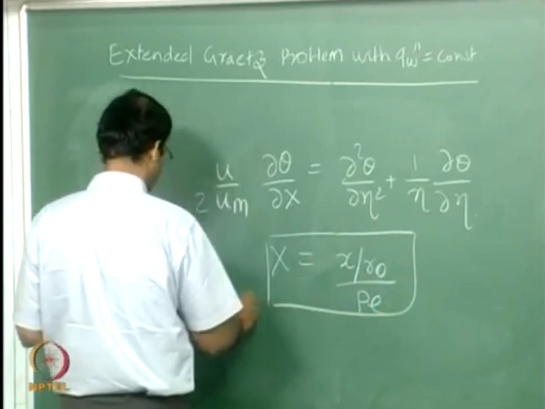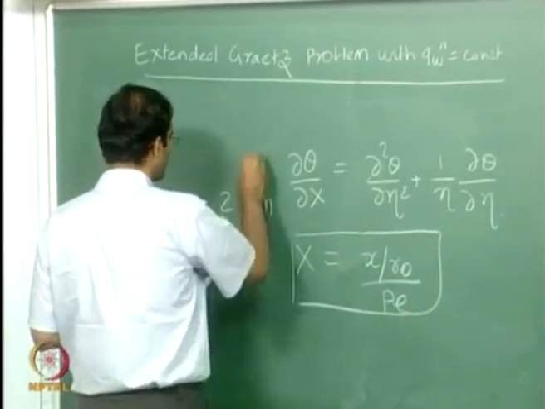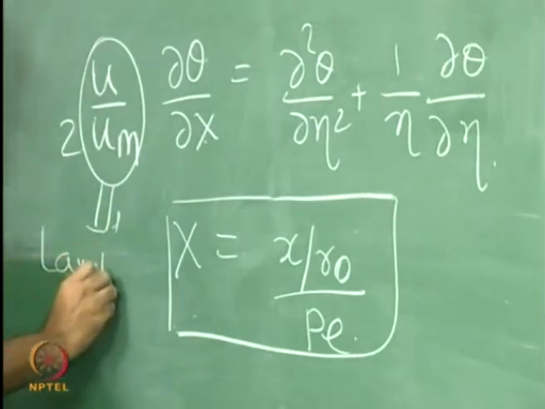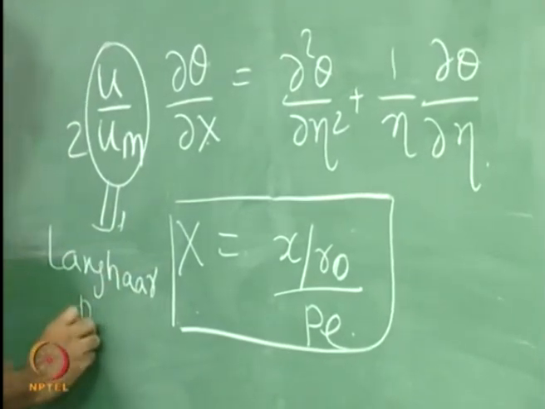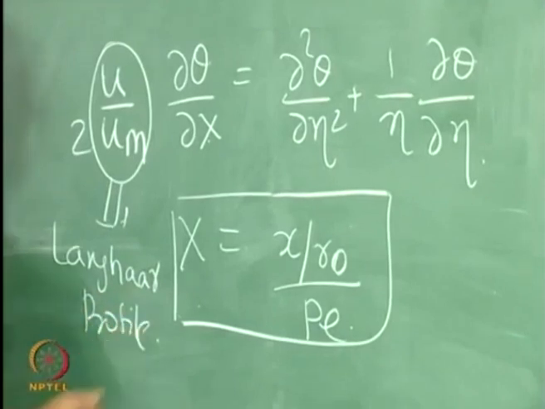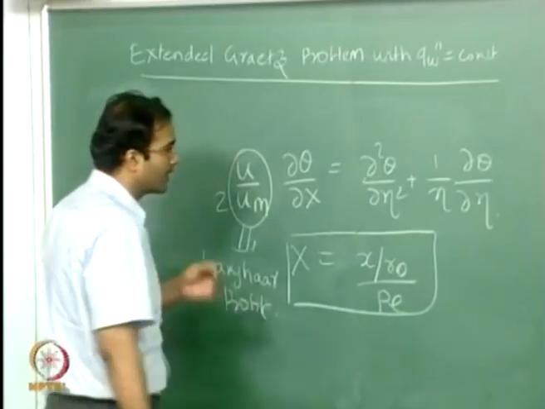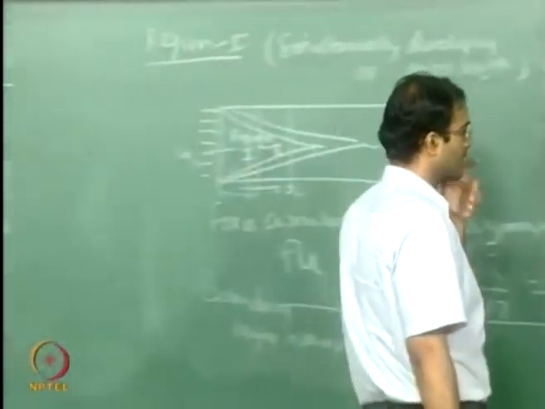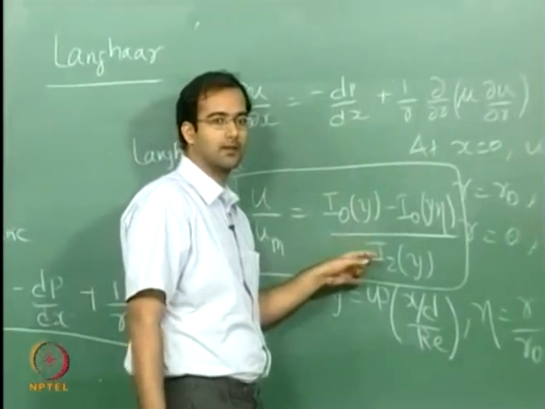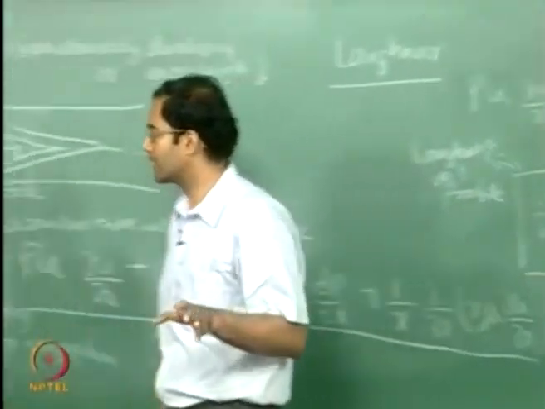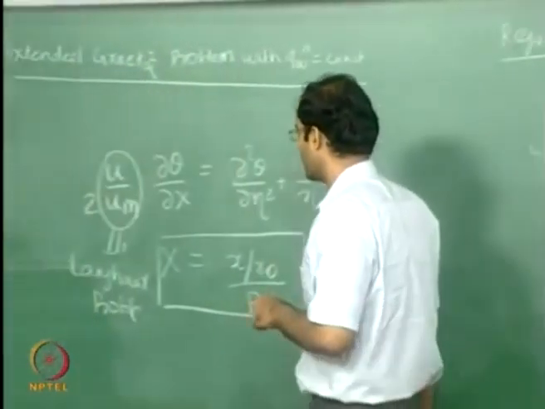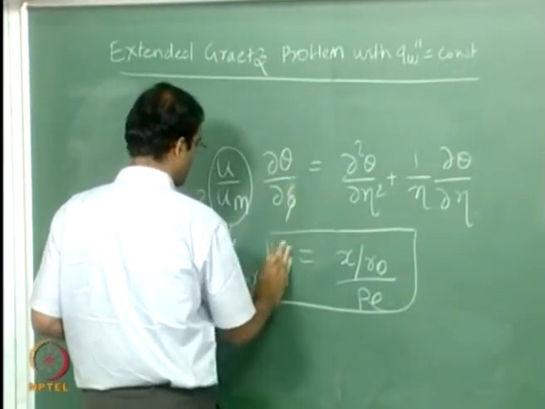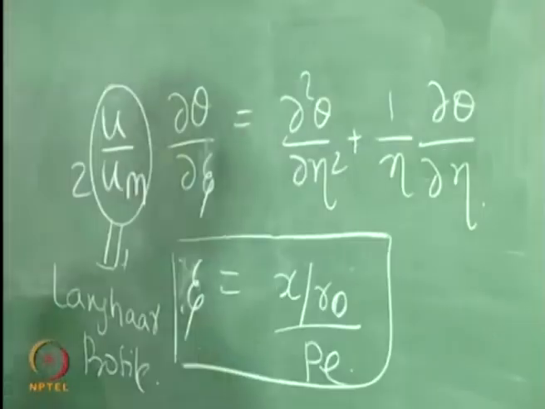Okay, so now this u by um you can substitute from the Langer velocity profile. Okay, and once again now your velocity profile is a function of both your x and y, or your zeta and eta. Okay, so I can use the conventional variables which I used before. I will call this zeta just to avoid confusion.